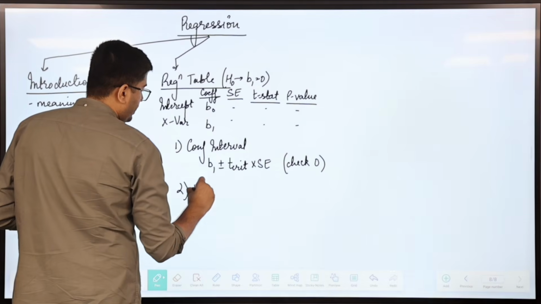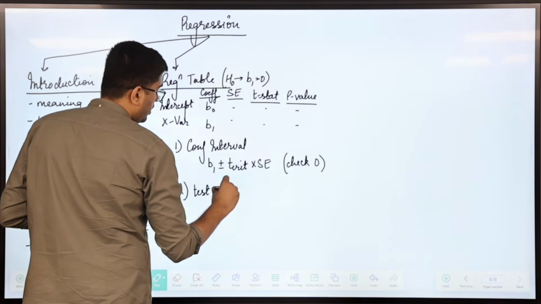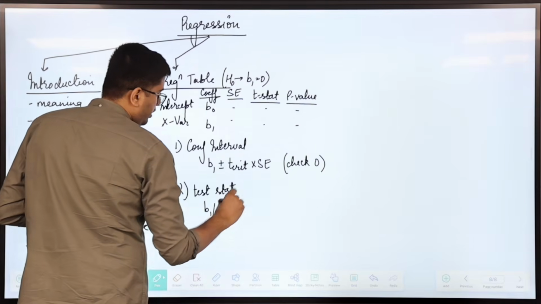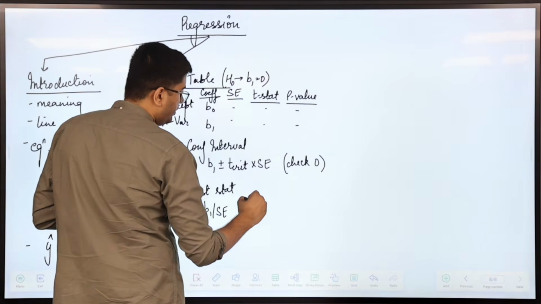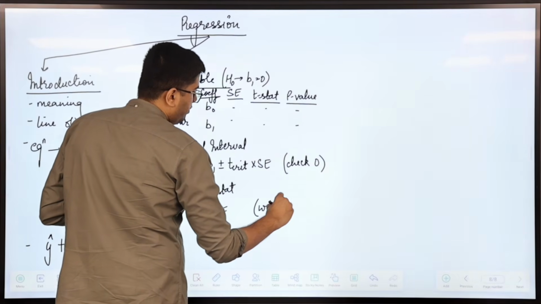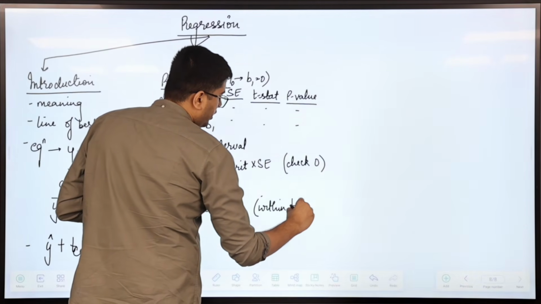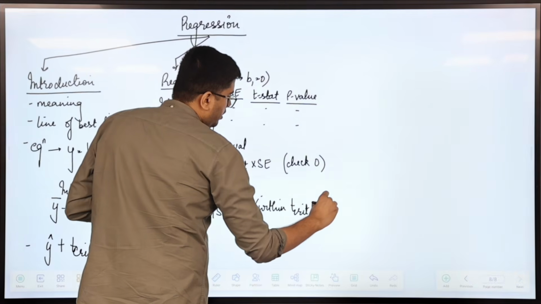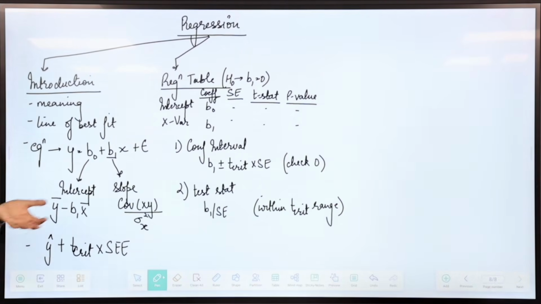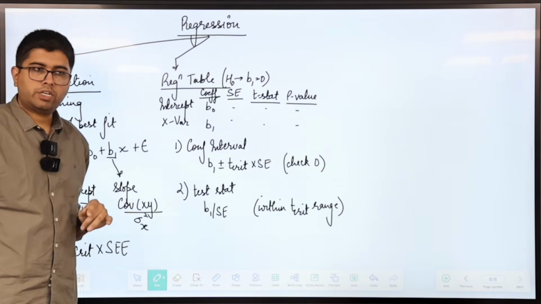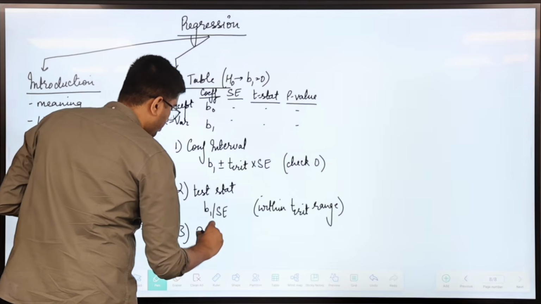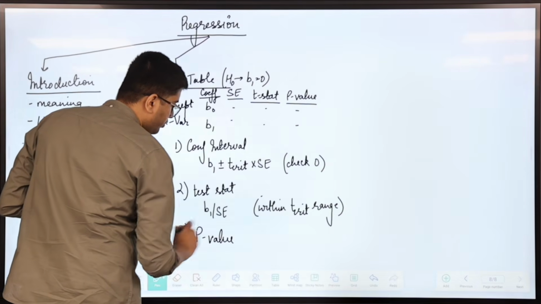The second approach is the test statistic, calculated as B1 upon standard error. Here also the rule is simple: is it within the t critical range? If yes, then the null is correct, otherwise it's not, and the null is always defined to be statistical insignificance. And third is the p-value. The p-value is the smallest alpha needed to reject a hypothesis.